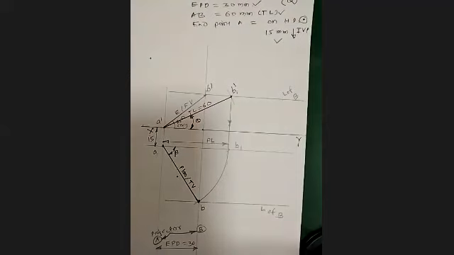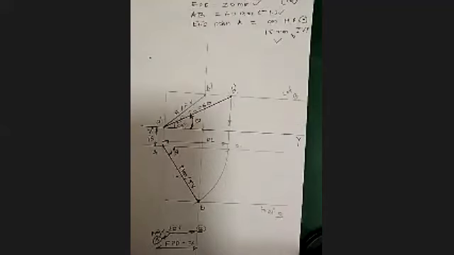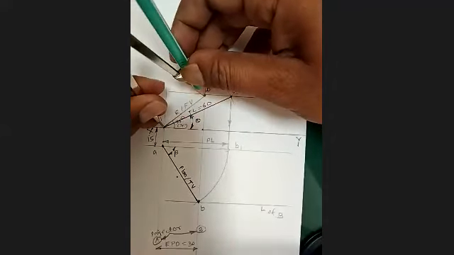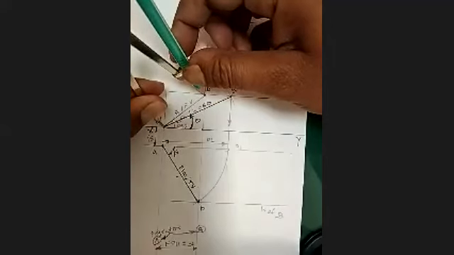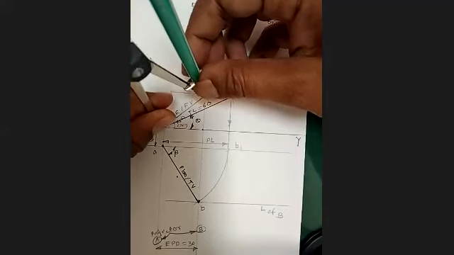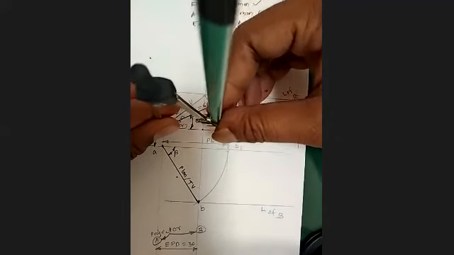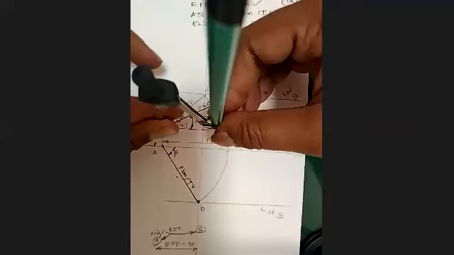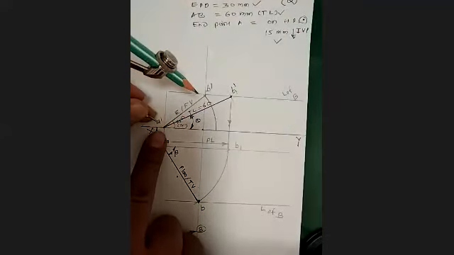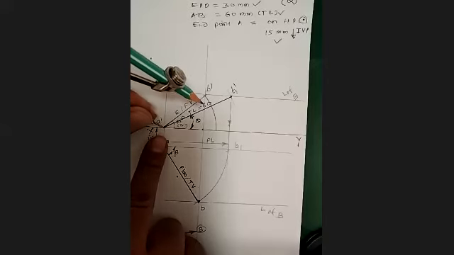What is the alternate way to get the true length in top view? Yes, anyone please? Arc from A dash B dash. Absolutely right. First of all, you can get this is the elevation. So of course the length of A dash B dash is nothing but your EL, that is the elevation length. Okay, so what we'll do, we'll take an arc till it touches the point, at which this is the end A dash.